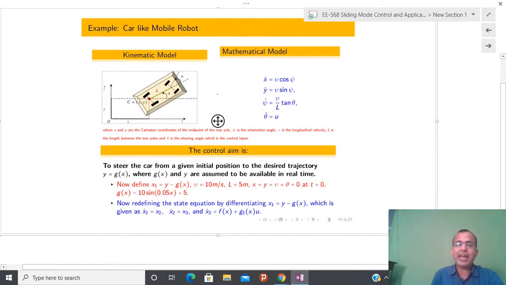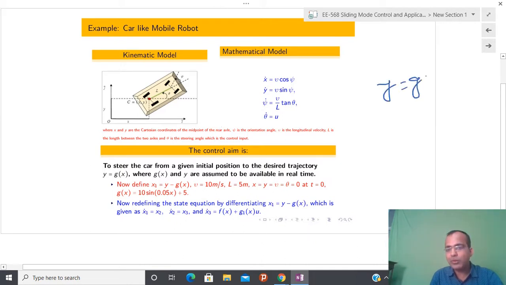And after that, since I have to solve a tracking problem, every time I have to force the output equal to gx. Due to that reason I am going to define some kind of error variable. Suppose you have defined this error variable x1, that is y minus gx. Either you can define e1 or x1, that doesn't matter for me.